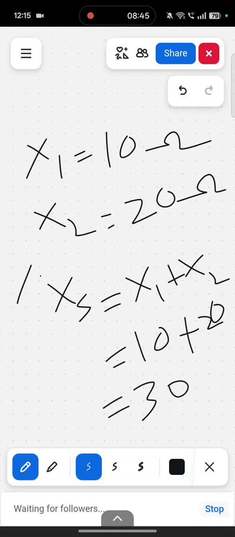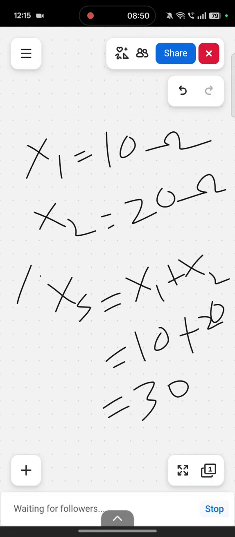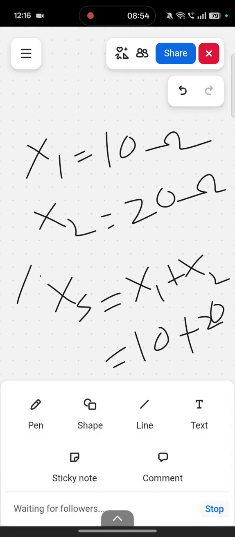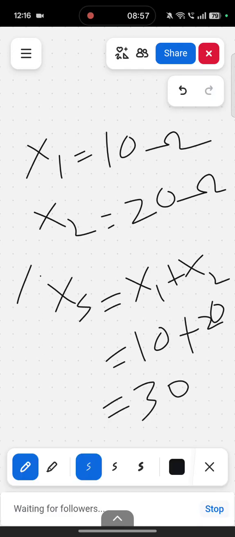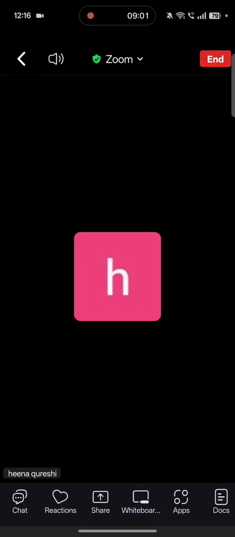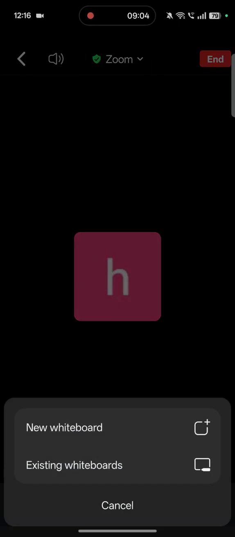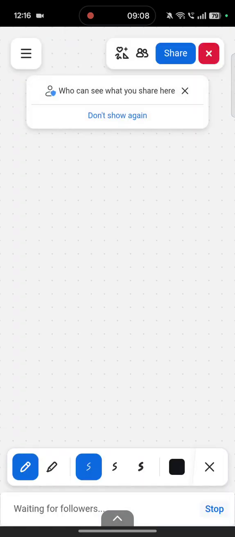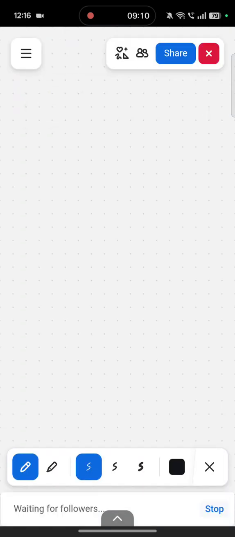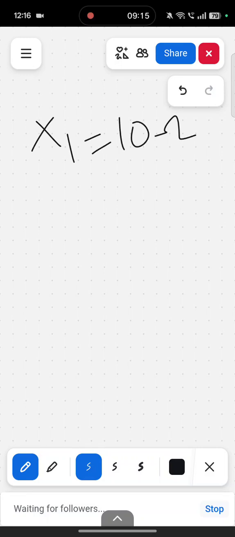In the same way, you have to connect these two resistances in parallel combination. When you connect these two resistances in parallel, what will be the equivalent resistance? If you take the same values, x1 is 10 ohms and x2 is 20 ohms.